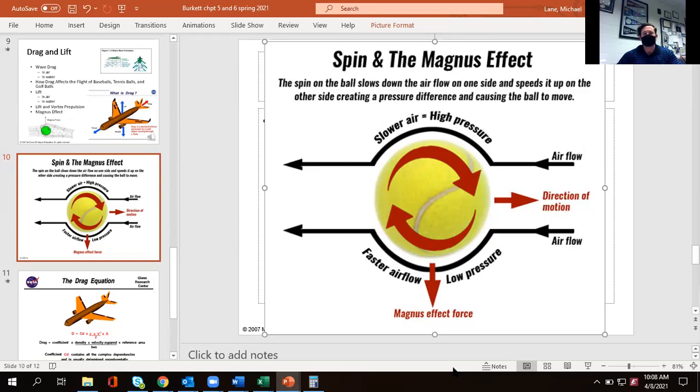In fact, this is the basic idea of throwing something like a forkball. Because you can see this is how pushing the air faster, and this is resisting as it goes forward. So this is literally how a curveball works.